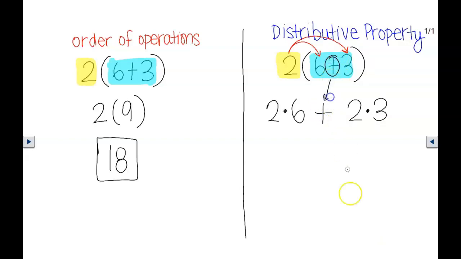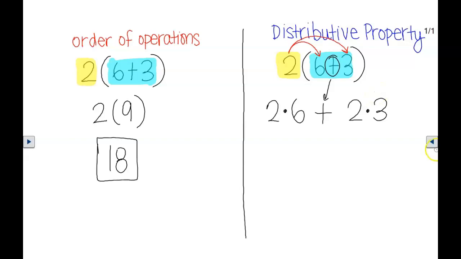So this addition sign just moves down. This is what the distributive property says I can do. Instead of doing 2 times the entire group, I can do 2 times each member of that group. So the 2 distributes. He gets multiplied by each member of the group.